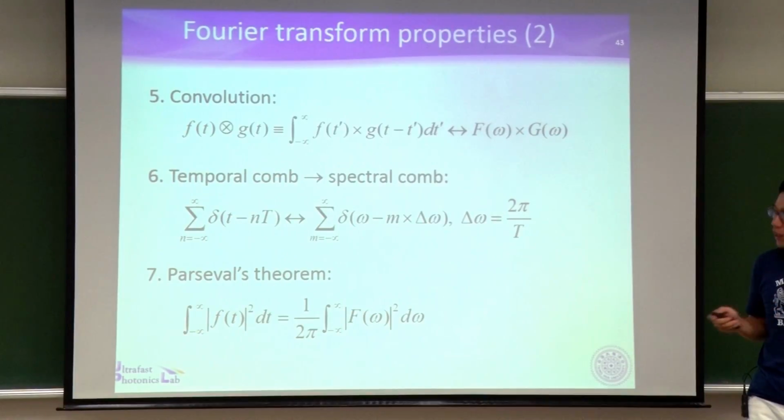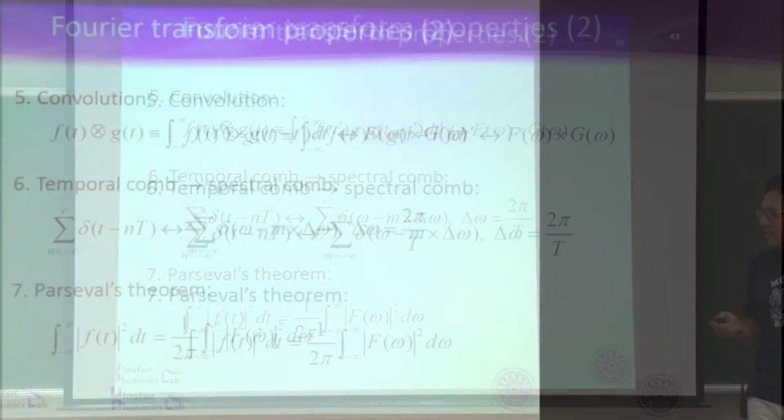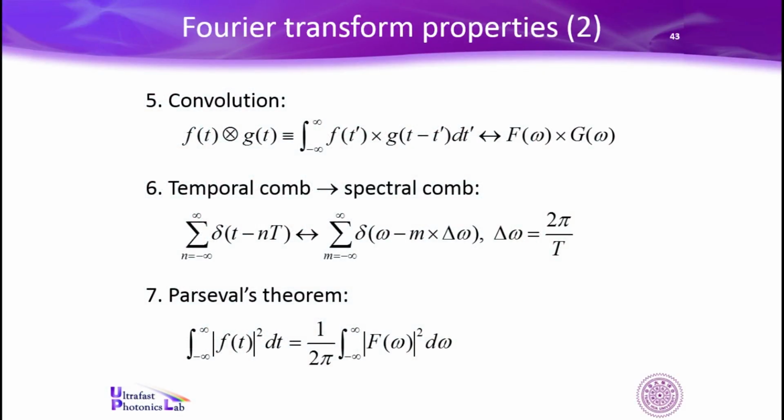If you integrate over all the frequencies, you also get the total energy. So that means big F of omega absolute square is the so-called power density, the power per unit bandwidth. Okay, power density. It can be easily proven by yourself as well.